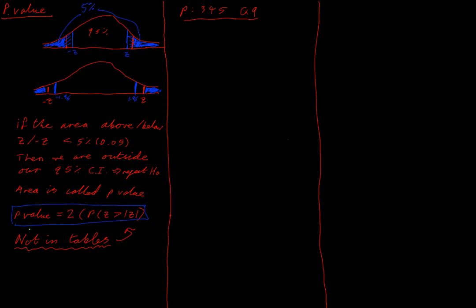Now, let's get into a question to make this a little bit more concrete. So we're looking at page 345, question 9. Bottom of the page. Standard batteries have a mean lifetime of 85 hours with a standard deviation of 12 hours. A sample of 200 long life batteries has a mean lifetime of 86.5 hours.